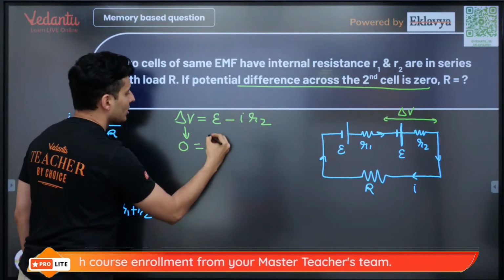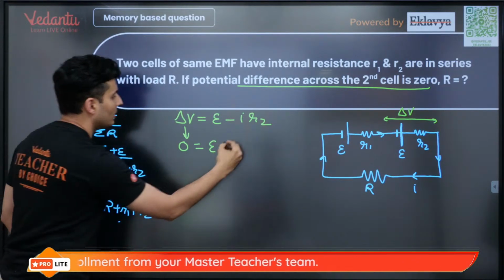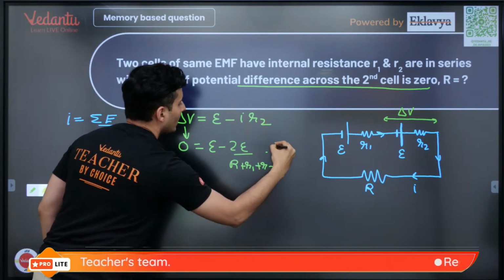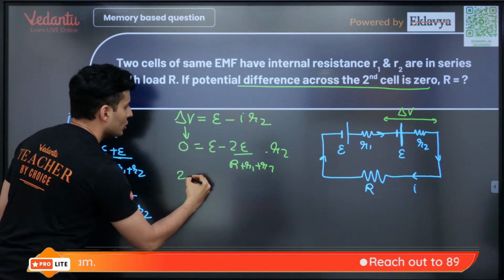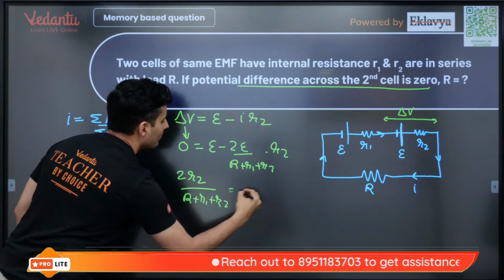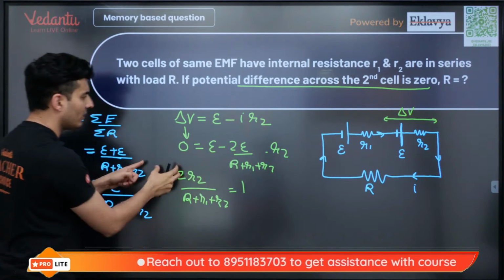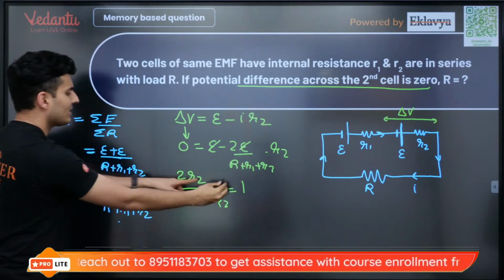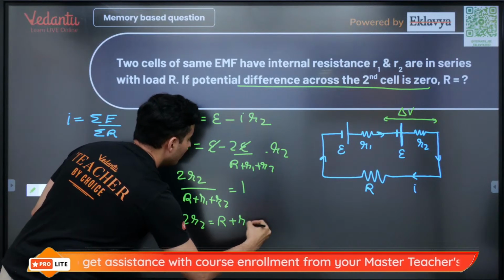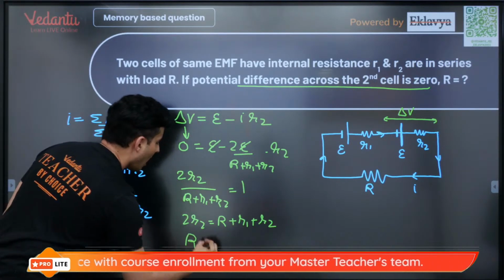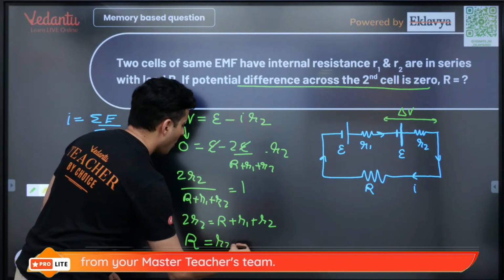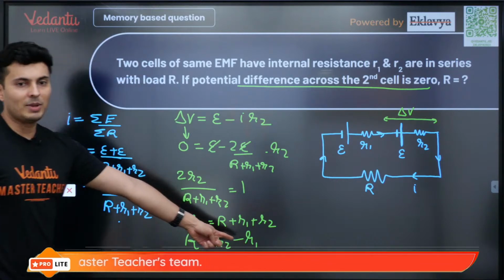So this will be E minus 2E divided by R plus R1 plus R2, into R2. Shift it on that side and cancel the value of E, so 2 times R2 by R plus R1 plus R2 will be 1. So 2R2 is equal to R plus R1 plus R2. Therefore R will be nothing but how much, guys? R2 minus R1. Do you see that? It will be R2 minus R1.